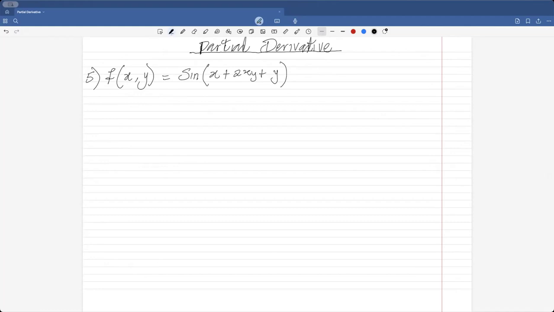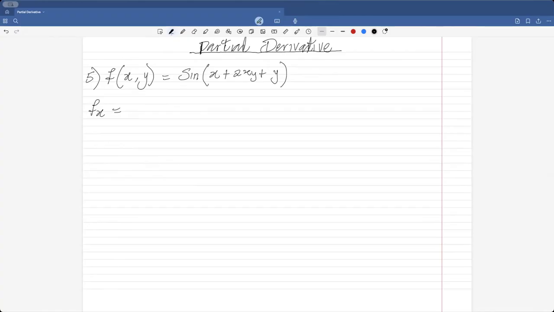We have the outside function, which is sine with what we have in the parentheses. The inside function is what we have in the parentheses alone. So differentiating with respect to x, the derivative of the outside function, which is sine of x plus 2xy plus y.